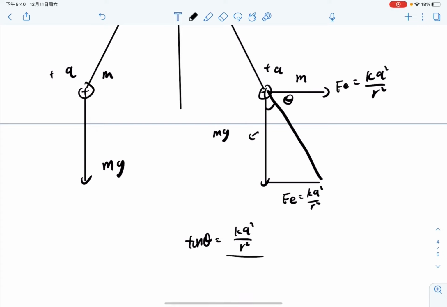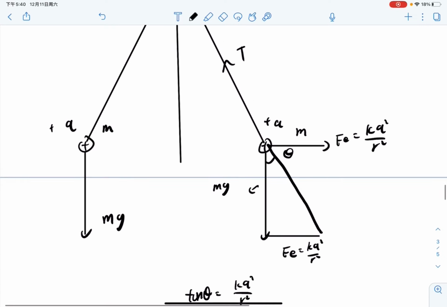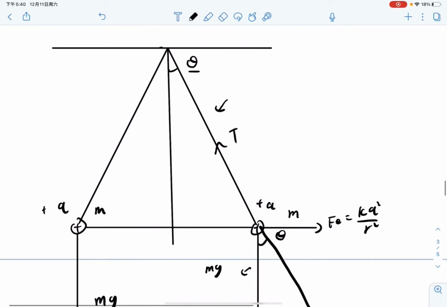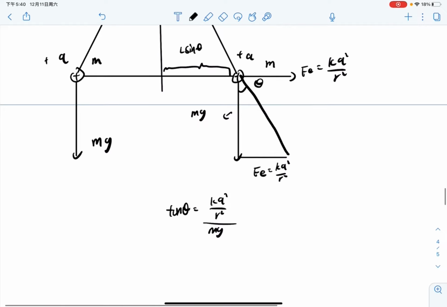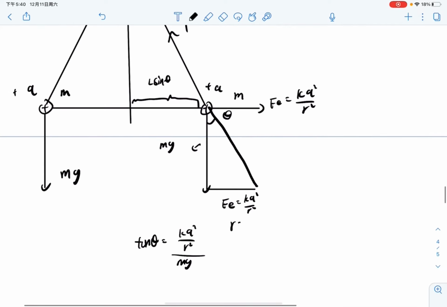And for r, the length of the string is L, so this is just going to be L sine theta, and r is equal to 2L sine theta.